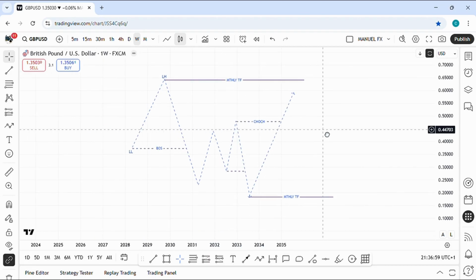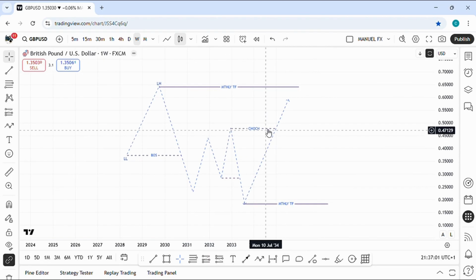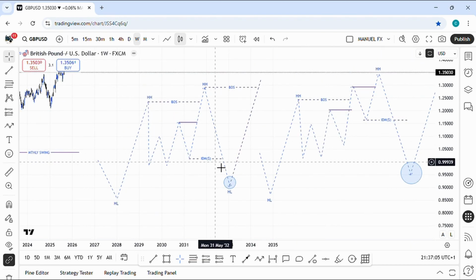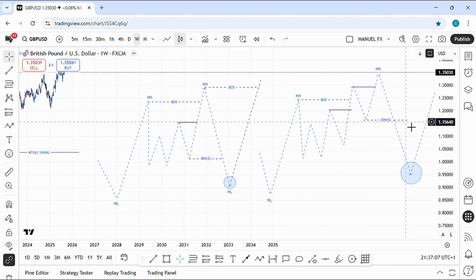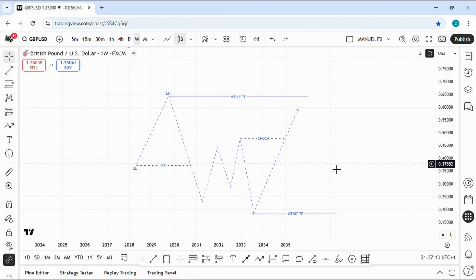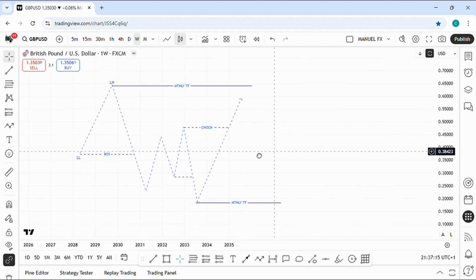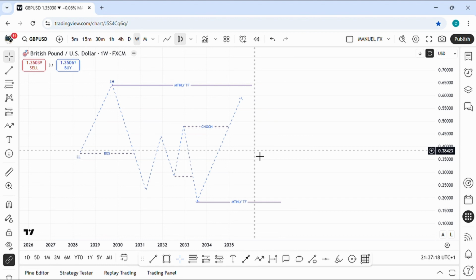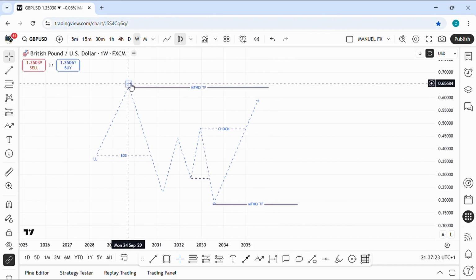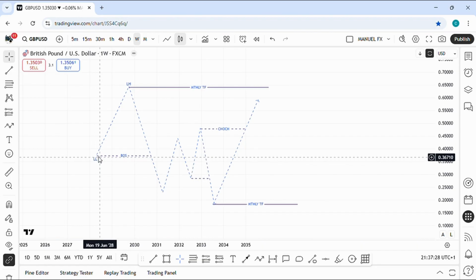Now, like I told you, there is something called an inducement. There are two types of inducement: the inducement after a break of structure and the inducement before a break of structure. Now, when it comes to multi-time frame analysis, which a lot of people call top-down analysis, what we want to look at is the higher high, our monthly lower high, our monthly lower low, and then there is a break of structure.